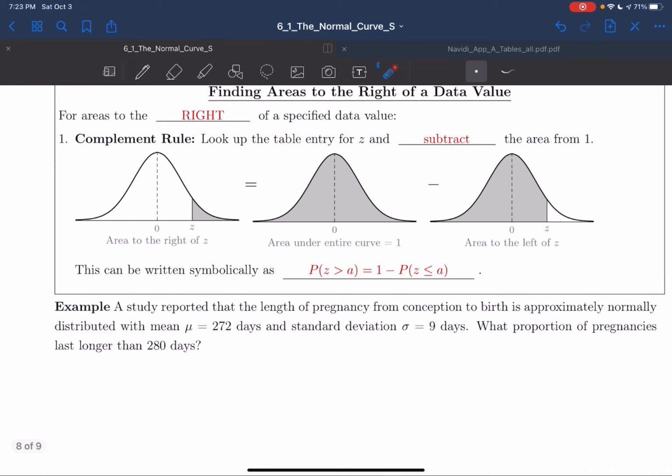In notation, you could write the probability of z greater than a is equal to 1 minus the probability of z less than or equal to a, where a, of course, is just a number, a value.